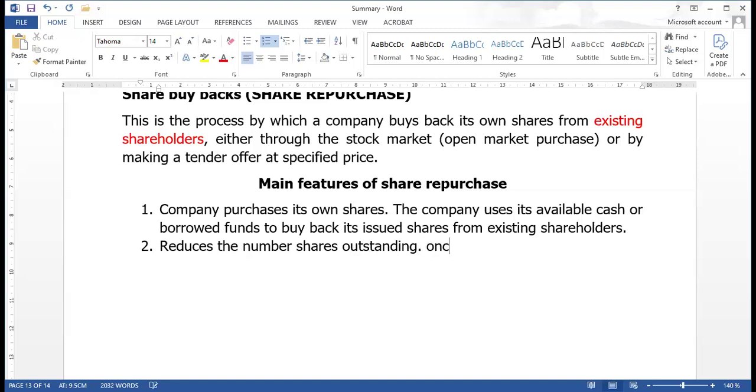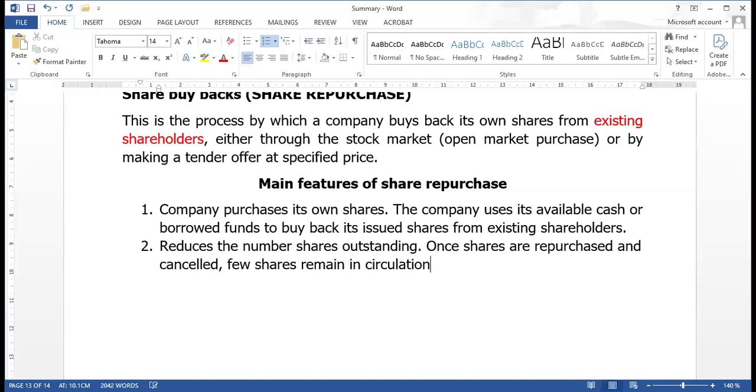Once shares are repurchased and cancelled, it means that fewer shares remain in circulation. It's something that you need to know, that at the end of it all, your profits will be shared among fewer shareholders, and each remaining share represents a larger share of ownership.